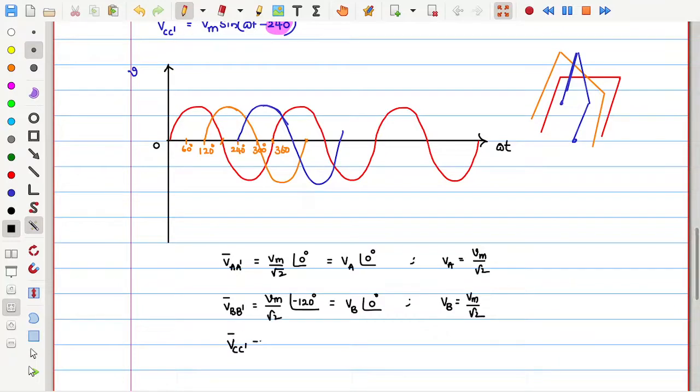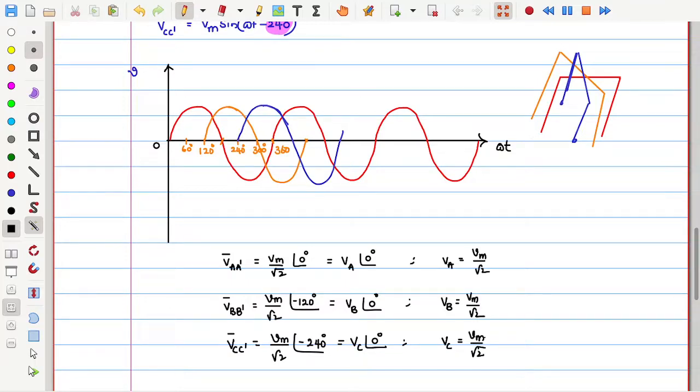VCC dash is equal to Vm by root 2 at an angle of minus 240, which is equal to VC at an angle 0, where VC is equal to Vm by root 2.